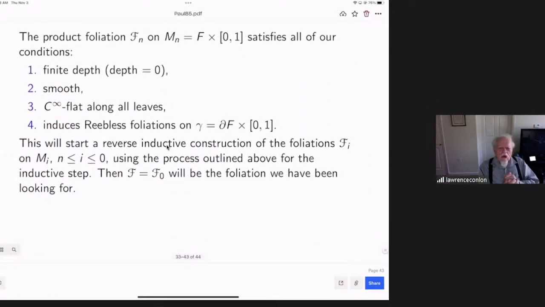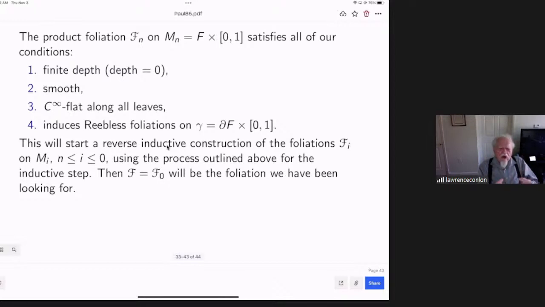So, the product foliation on M_n, the end of the hierarchy, trivially satisfies all our conditions. It's finite depth, 0. It's smooth. It's C infinity flat along all leaves. And it induces the required foliations on the sutured boundary.